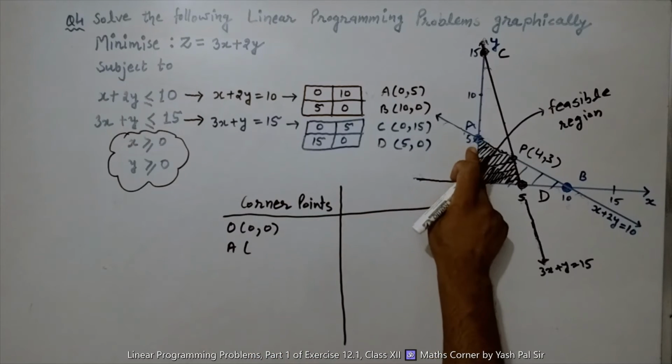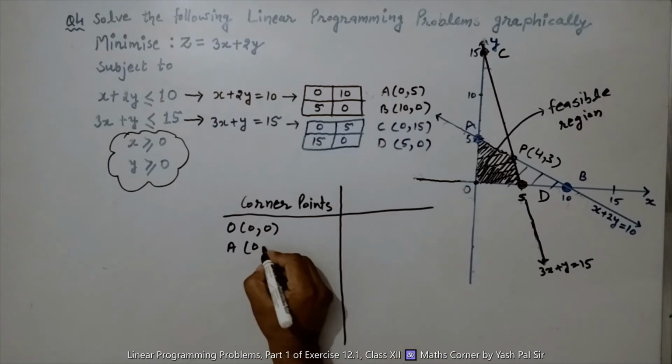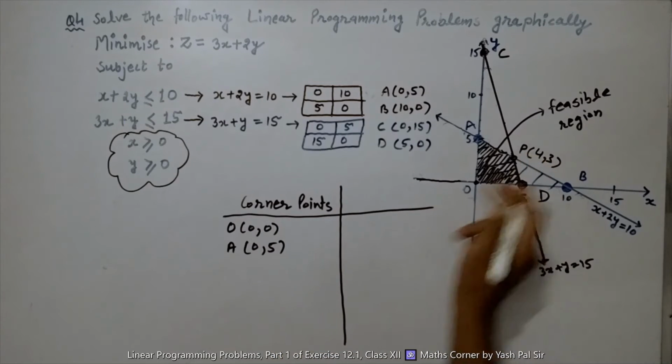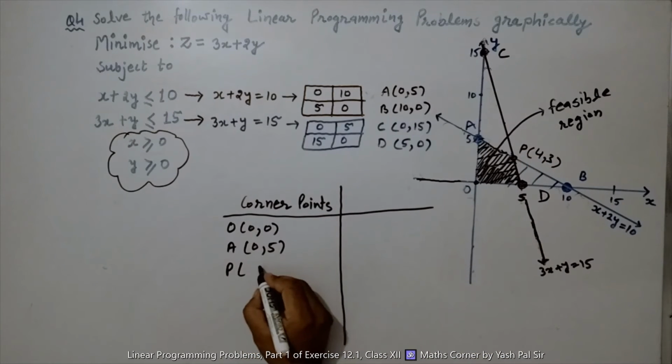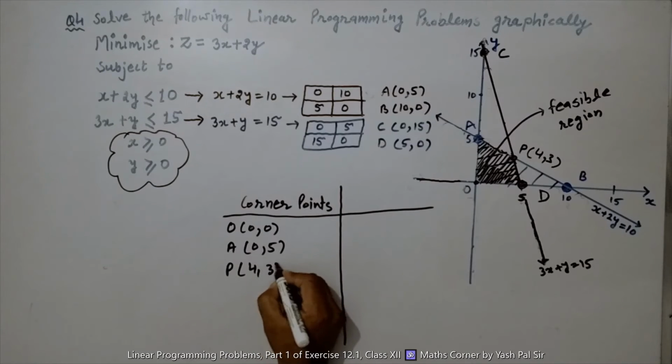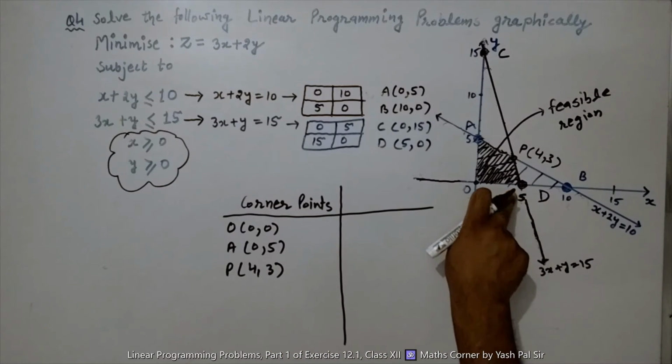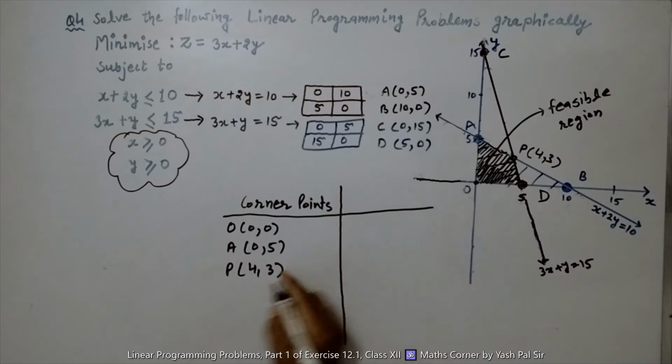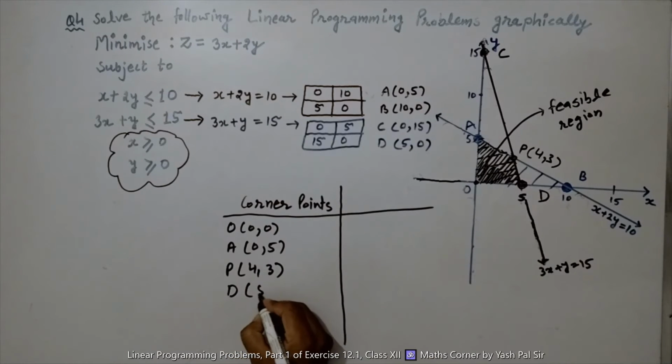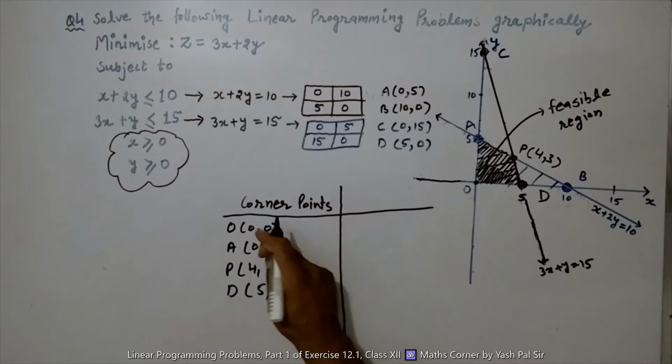The second one is A. Coordinates of A are 0, 5. Next is P. P coordinates are 4, 3. The last one is this point. What is the name? D point, 5, 0.